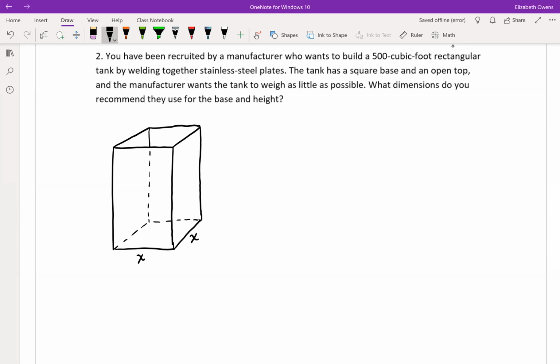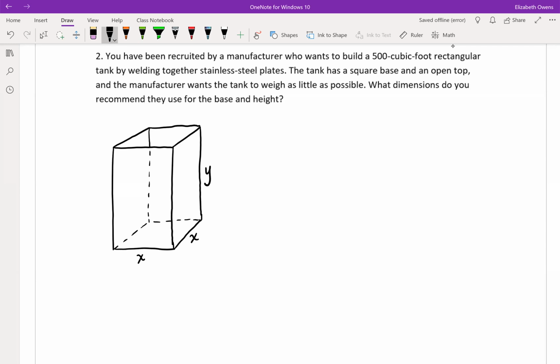And the height of the tank doesn't have to be the same. It's not necessarily a cube, so we'll call that Y. You can use whatever variables you want, I'll go with X and Y, but if you wanted to do W and H or whatever, that would be totally fine, just as long as you can keep them straight.